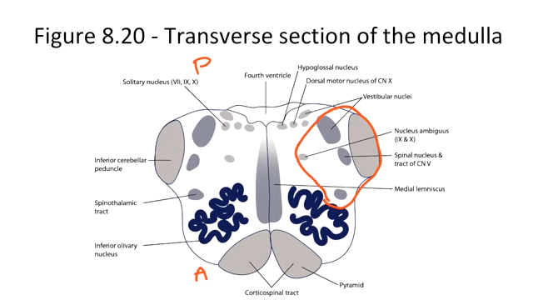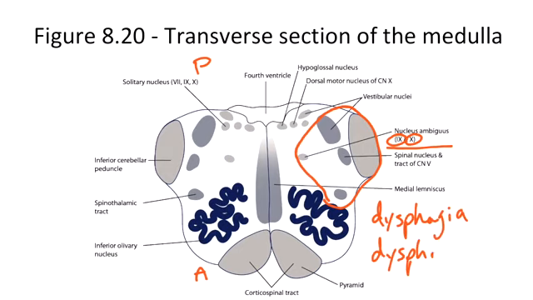Recall from part 1 of this section that it's most important to remember that the nucleus ambiguus is damaged in this syndrome. Recall that the nucleus ambiguus contains motor information from cranial nerves 9 and 10. From section 3, recall that cranial nerves 9 and 10 provide motor output to the pharynx and larynx, so damage to these structures would result in dysphagia and dysphonia.